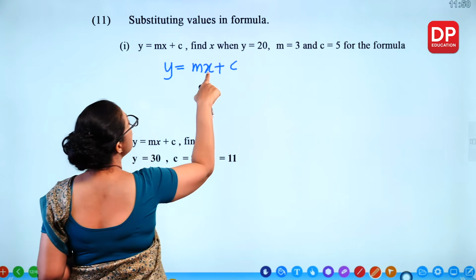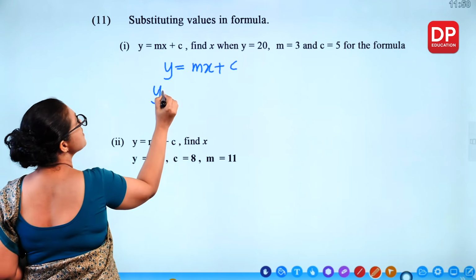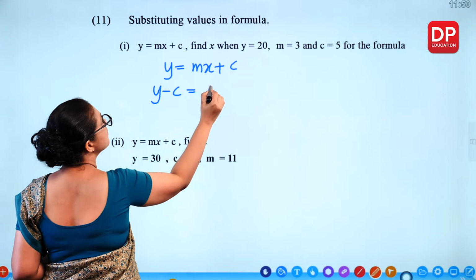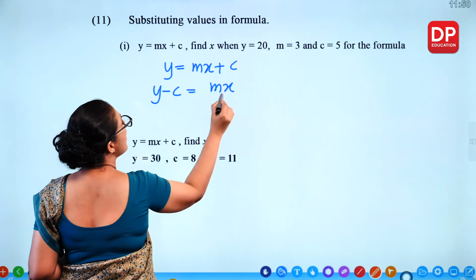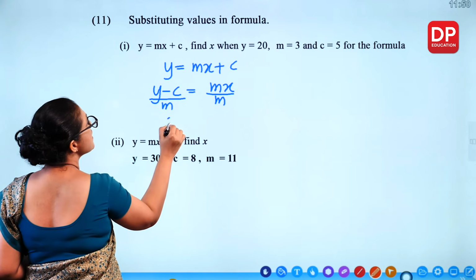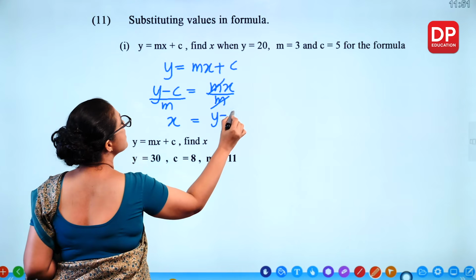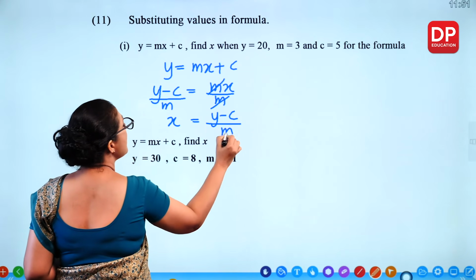So I need to keep the x term. I'm taking the c term to the other side. That becomes minus c. Divide both sides by m. So what's x? X becomes y minus c divided by m.